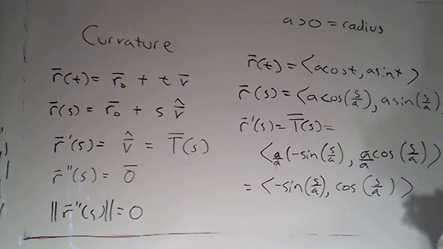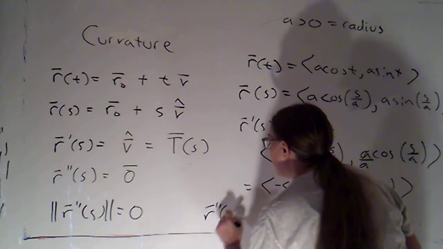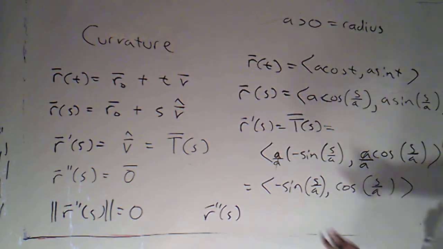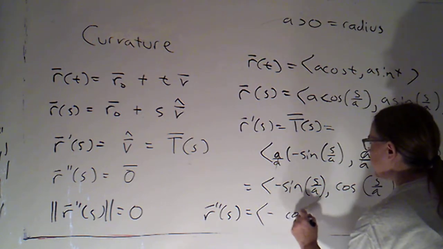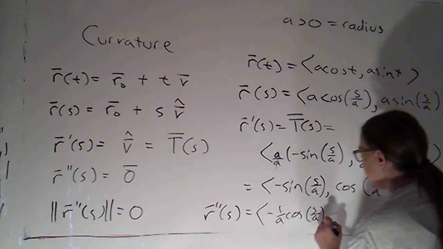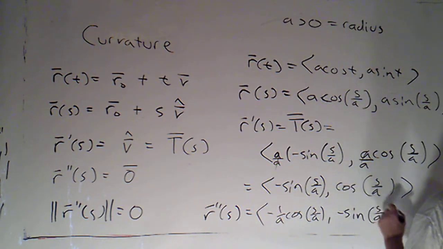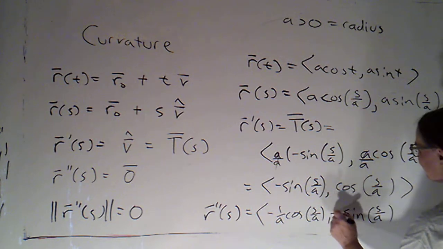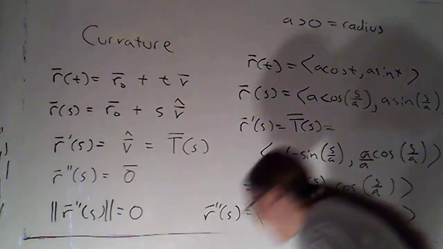Okay. All right, so let's calculate r double prime of s. So that's going to be negative cosine of s over a, chain rule, times 1 over a, comma, negative sine s over a, chain rule, times 1 over a, which I'm just writing at the front.